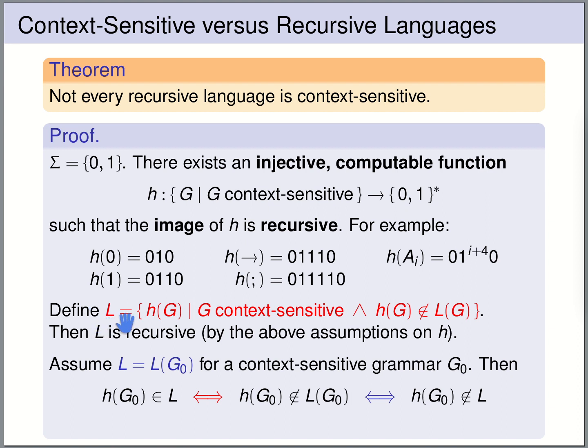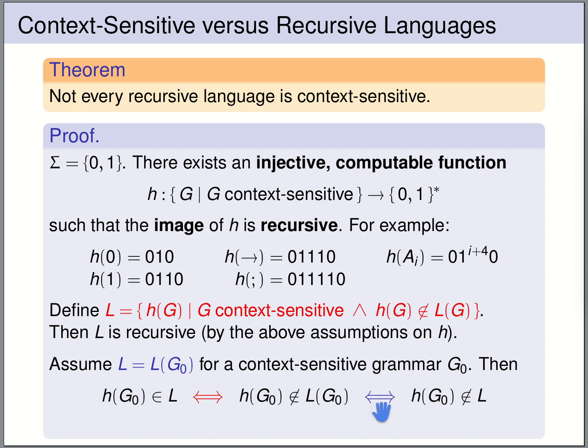So how is L defined? The code of a grammar is in the language if and only if the code is not in the language of the grammar itself. So this is this implication here. The code of G0 is in L if and only if the code of G0 is not in the language of G0.